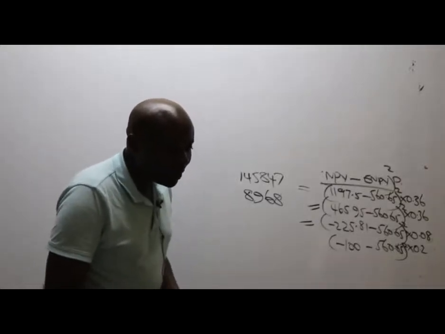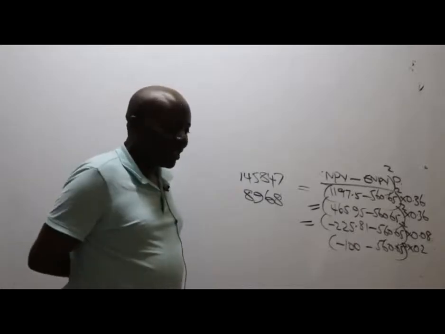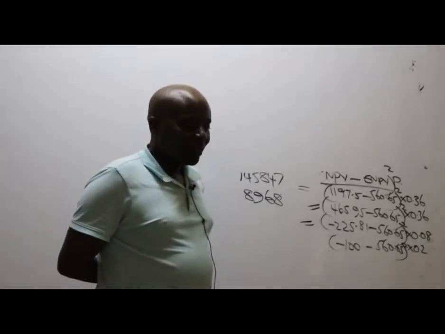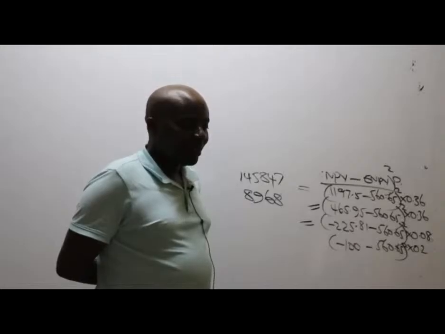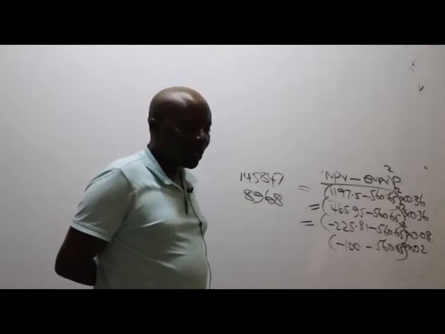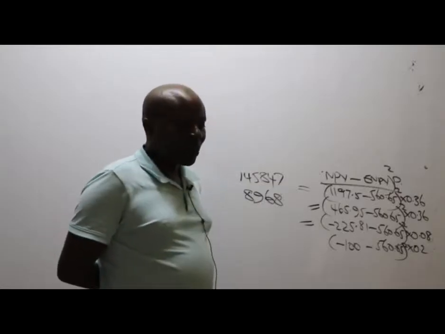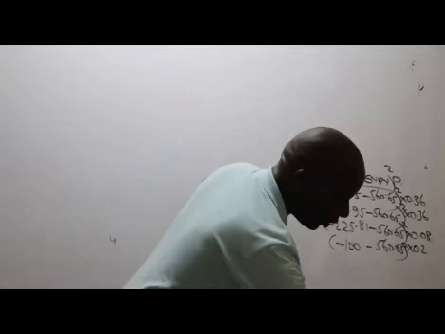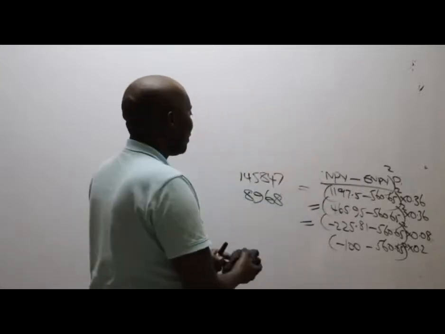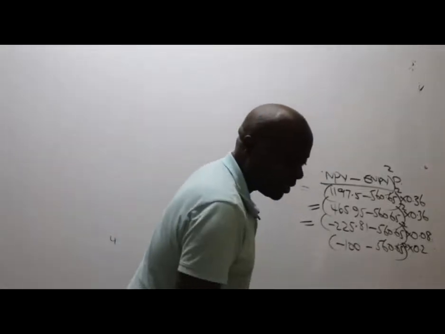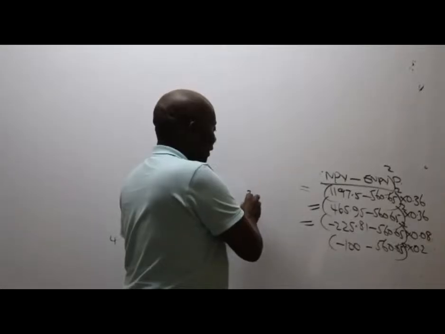Silvanus says that the first one is supposed to be 146,008. Okay, we start from the first one. Is the first one correct? The second one is 32.28.